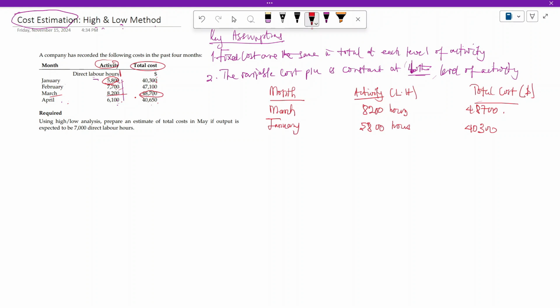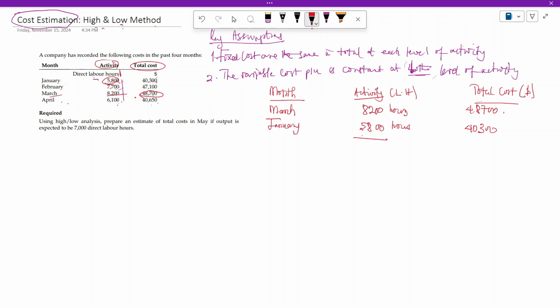Having established this, we now have to look at what is the variable cost per unit. We take the lowest from the highest.